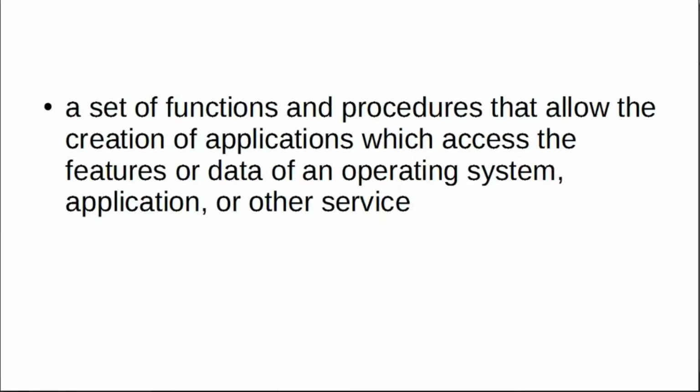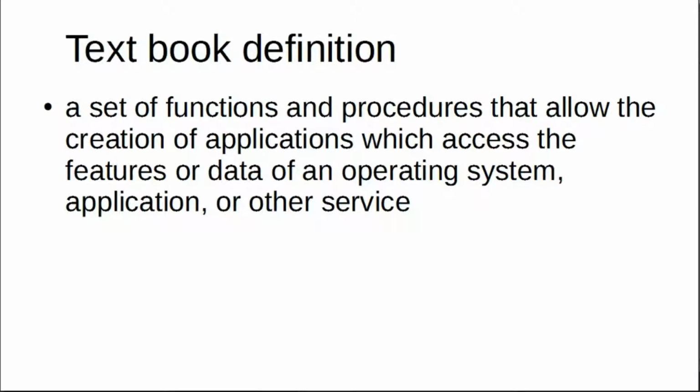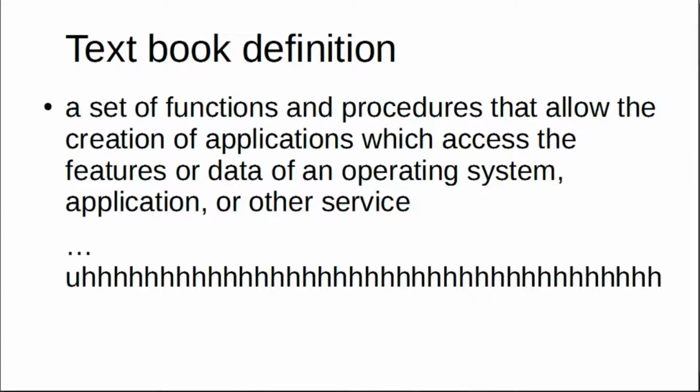This is a definition from Google, a set of functions and so on. I'll explain. This is a textbook definition. I didn't understand what that is. Okay, that's fine, I'll go with the layman definition.